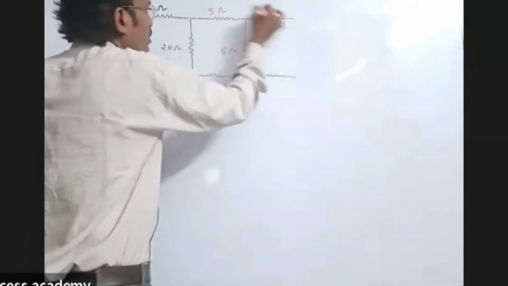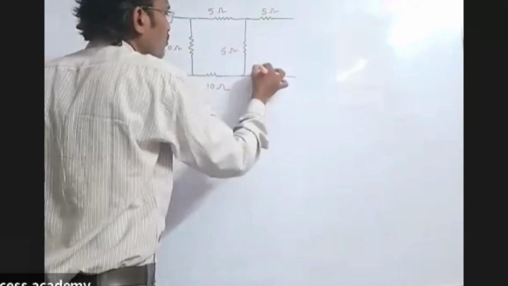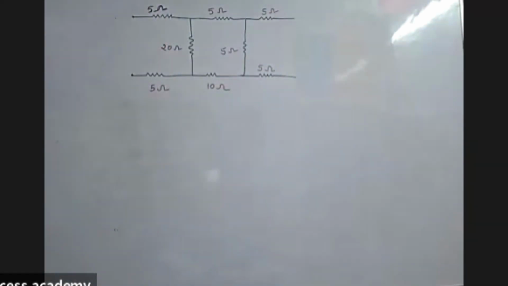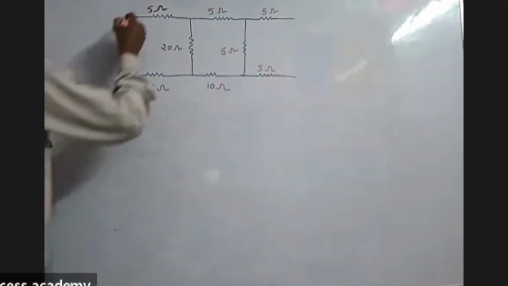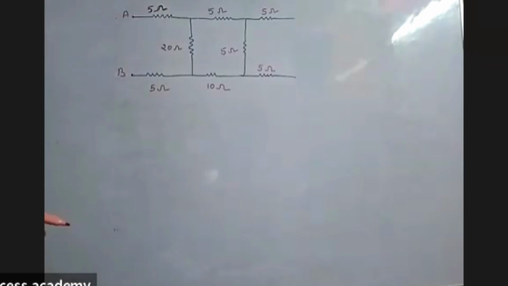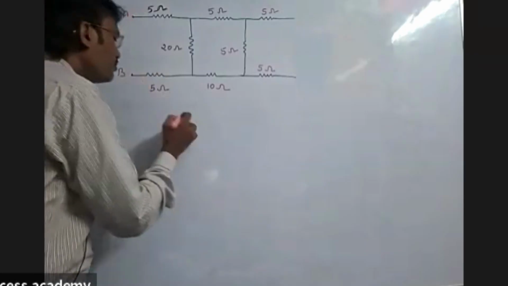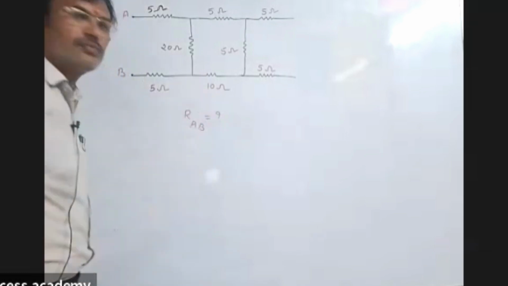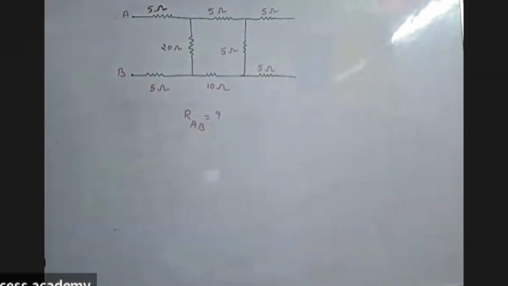This is 5 ohm, and this is 5 ohm, like this. Now here they mentioned this is A and this is B. The question is, find the equivalent resistance between A and B. RAB is equal to question mark.